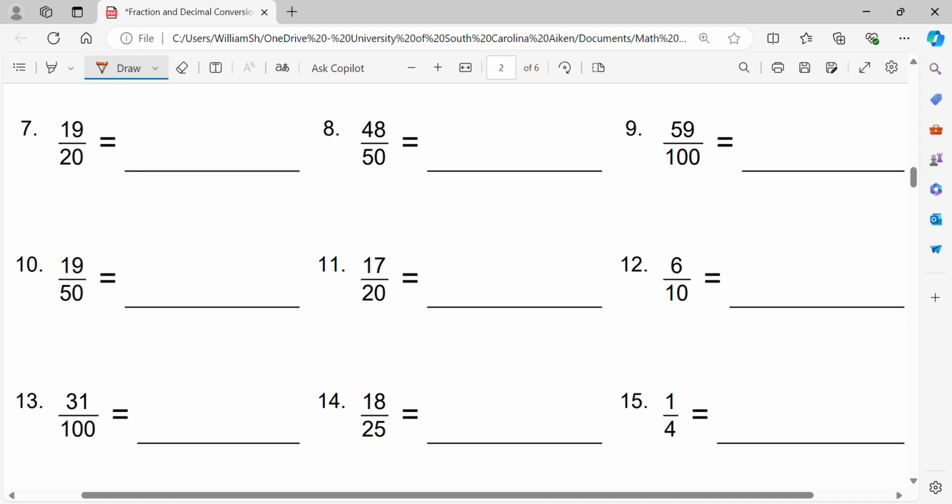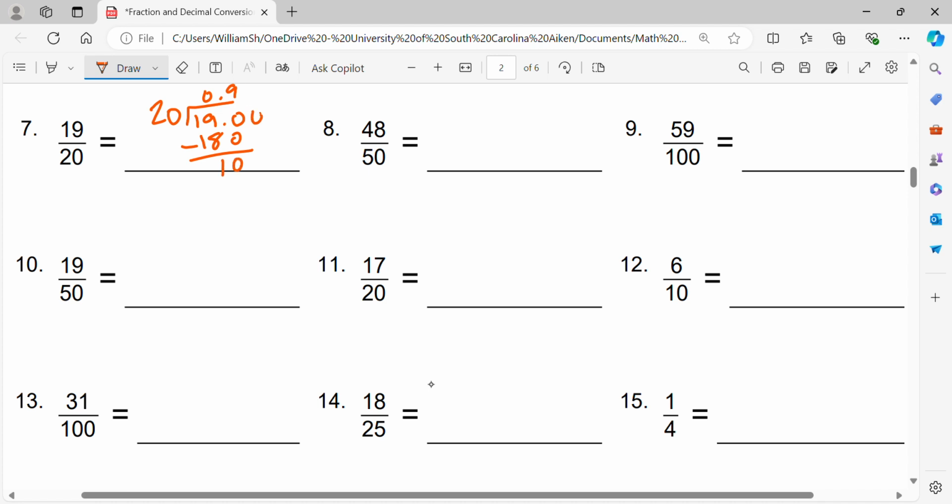Number 7, I have 19/20ths. So I'm going to divide 20 into 19. Oh, getting a little more difficult here. Obviously 20 doesn't go into 19, but 20 will go into 190. Now, how many times will 20 go into 190 is the question. It should go 9 times. And 9 times 20 is 180, which means if I subtract this, I should have a remainder of 10.